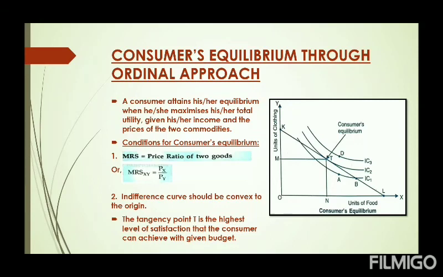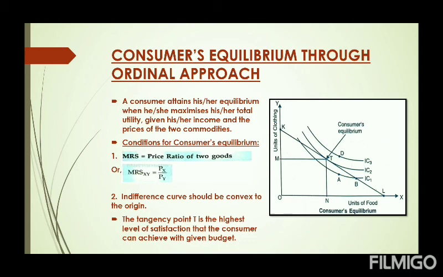Among these points, the consumer can reach the equilibrium. First let's talk about point D. The consumer cannot purchase any combination like point D because that point is toward the right side of the budget line.